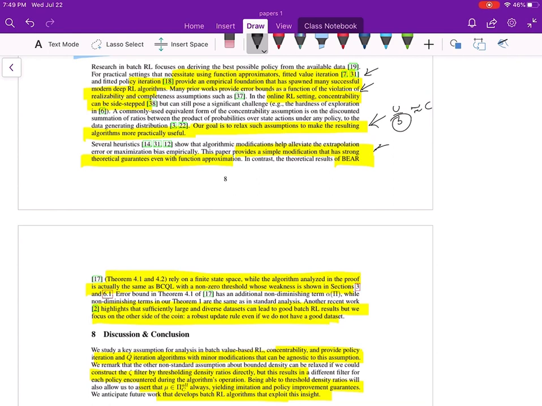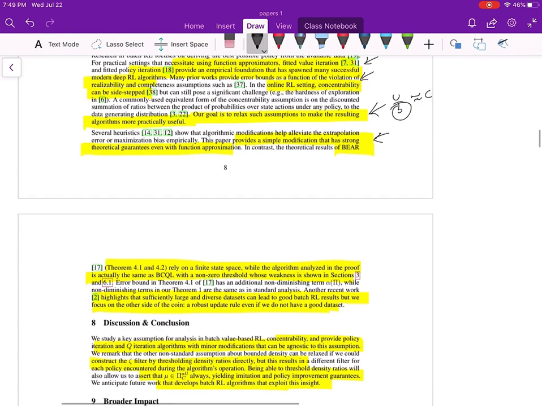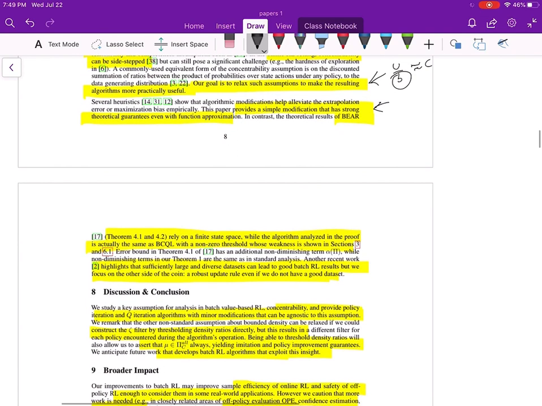Now this paper provides simple modifications and strong theoretical guarantees, even with function approximation. Theoretical results of BEAR rely on the finite state space, while the algorithm analyzed in the proof is actually the same as BCQL with non-zero. I don't want to say anything regarding that.